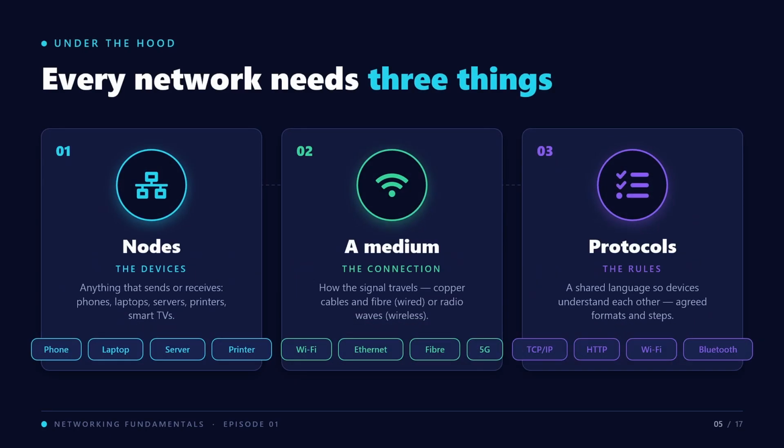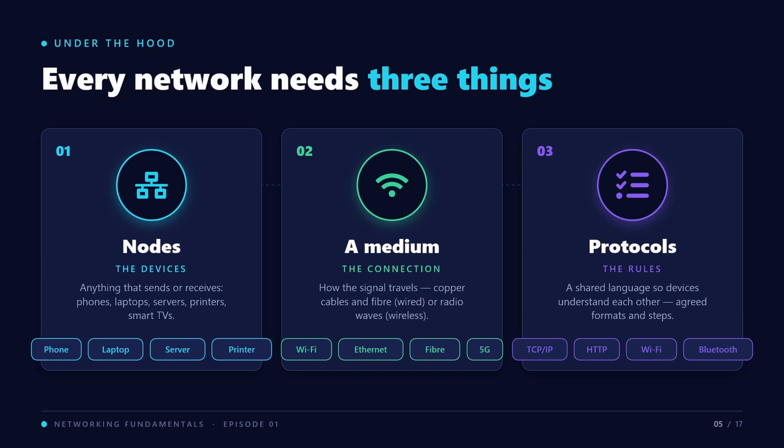Before we talk size, let's quickly peek under the hood. Because every network, from your earbuds to the entire internet, needs three things. Number one, nodes, the devices. Anything that sends or receives: phones, laptops, servers, printers, smart TVs are all known as nodes. Number two, a medium.